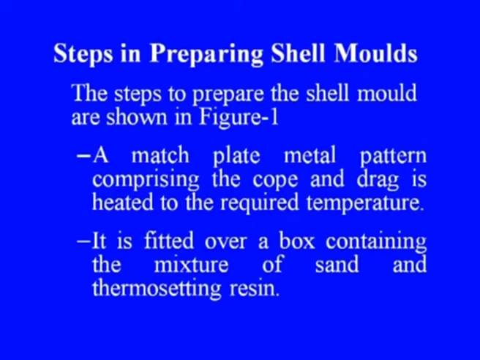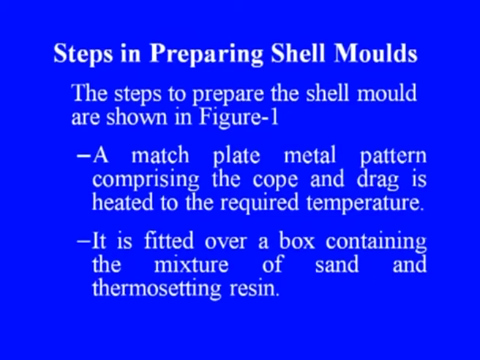Now, let us look into the steps in preparing shell molds. The steps to prepare the shell mold are shown in figure 1, which will be shown just after this. A match plate metal pattern comprising the cope and drag is heated to the required temperature.